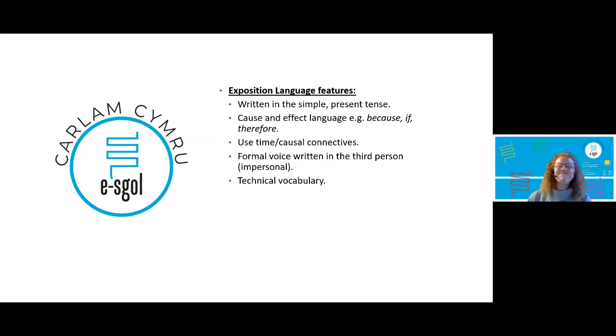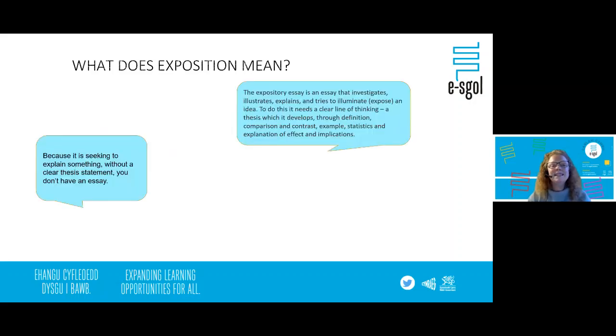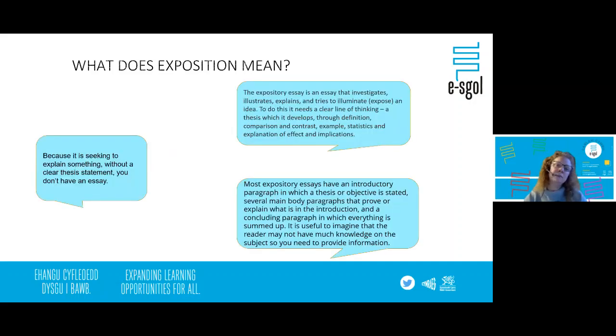It's going to be written in the third person, but you can write it in the first person as well. So as you just saw with the music festival, you can write that and offer your own opinions. But one of the things about an exposition piece is that you're going to try and use some technical vocabulary to fit your topic.